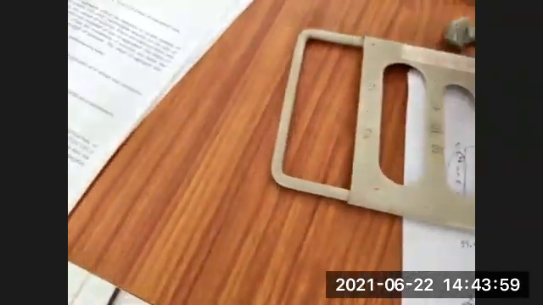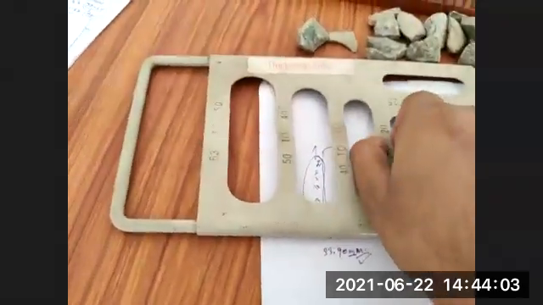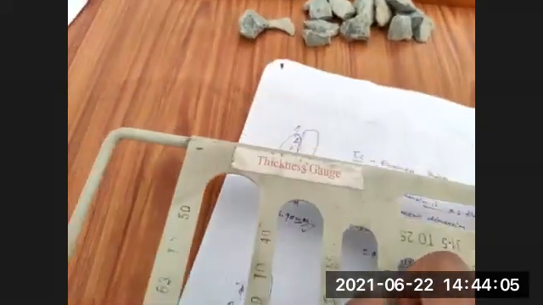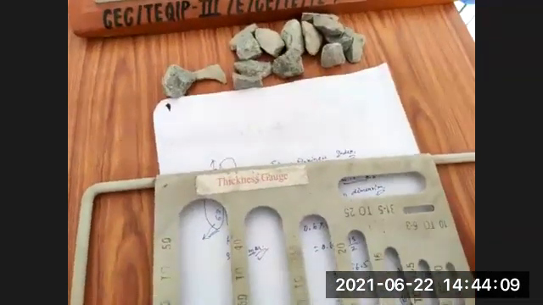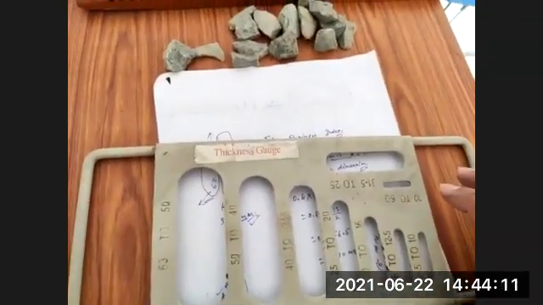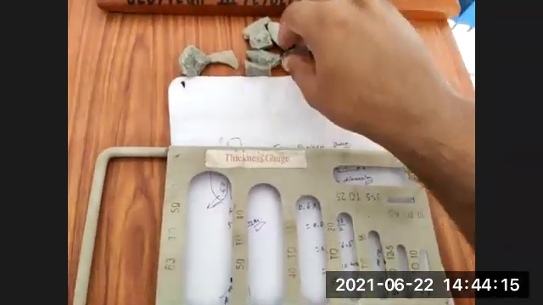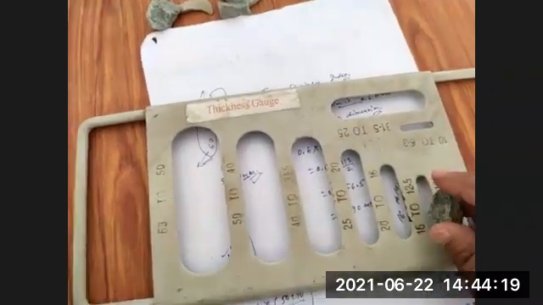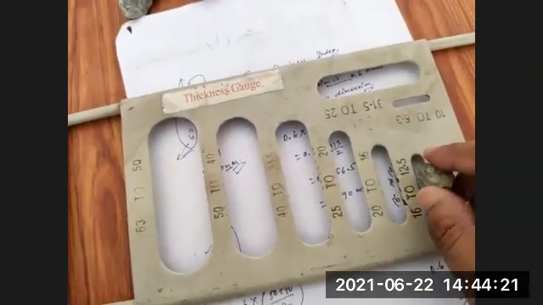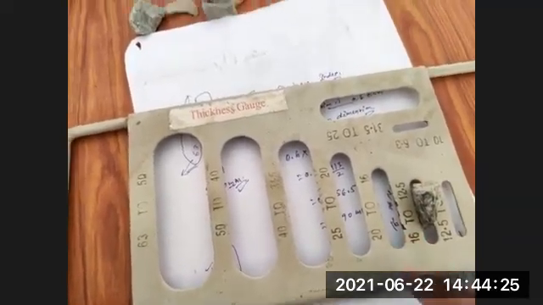Then we check the slot thickness. We collect the aggregate from the sieve which is retained on 12.5 but passing 16 mm sieve. One by one we try to pass the aggregate through these slots, only through the 16 to 12.5 mm slot.